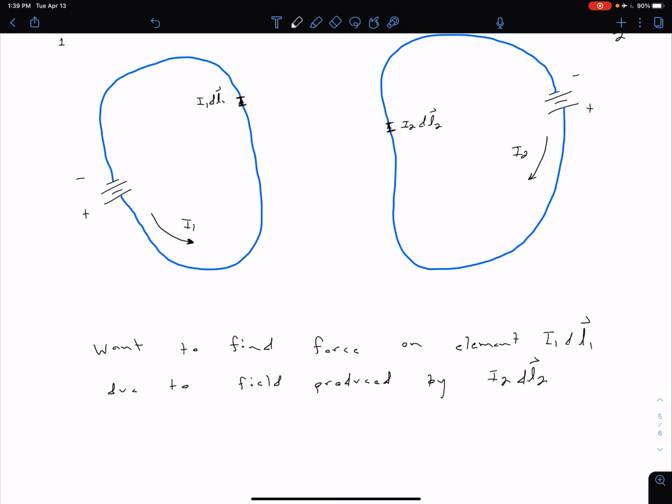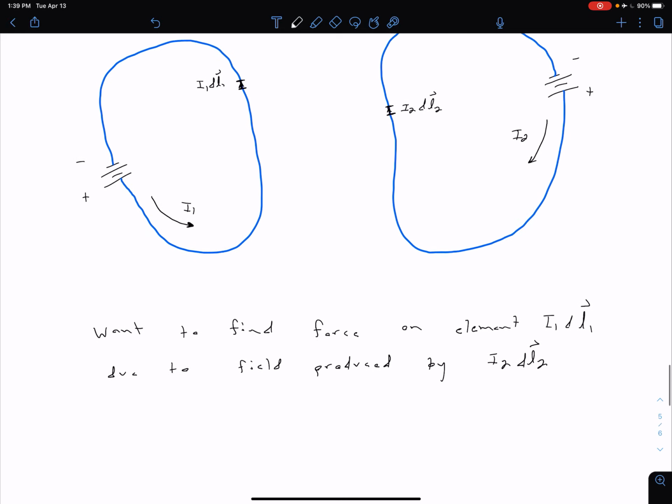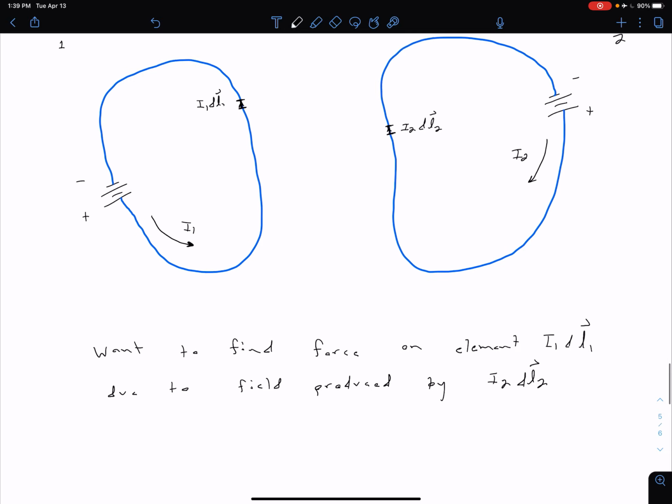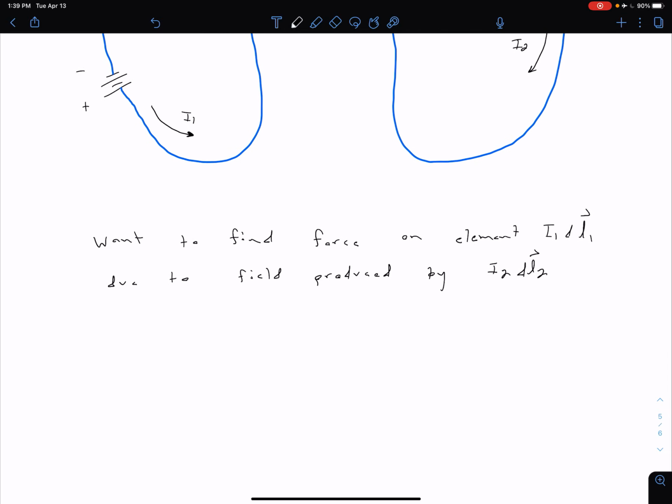In general we know that our force is going to be related to our I dL cross B. So in this case we're talking about our current I1, so we have this current I1 dL1, and again it's going to be crossed with B.